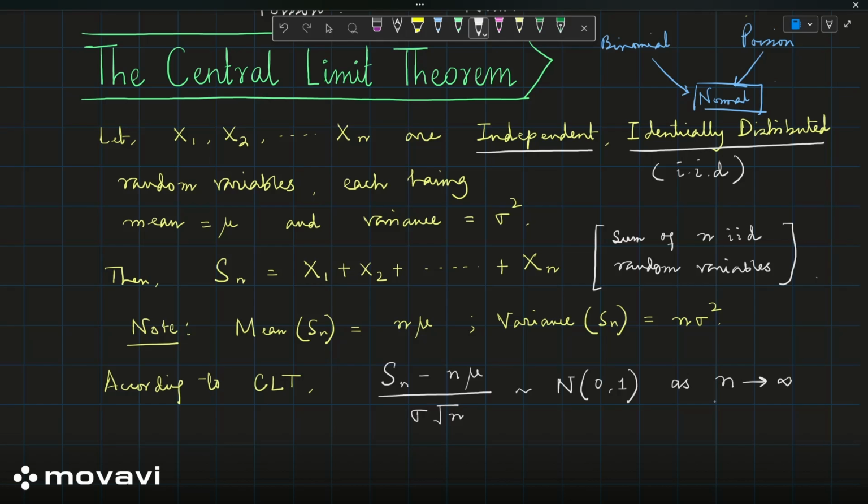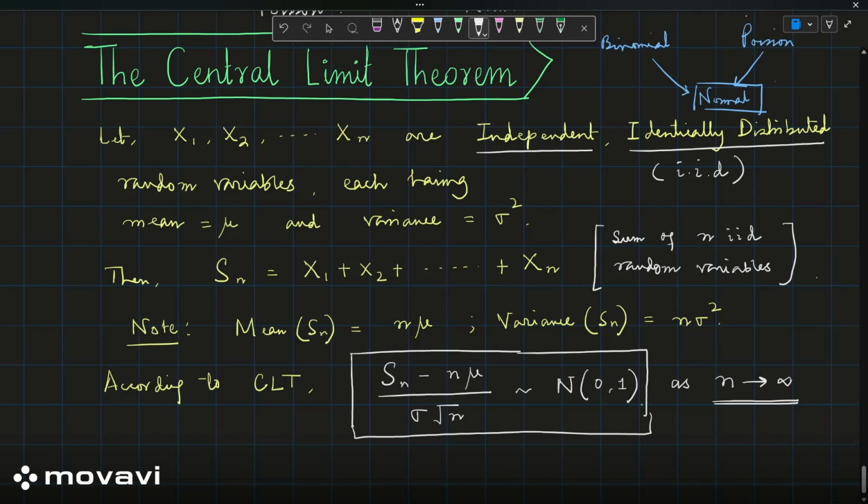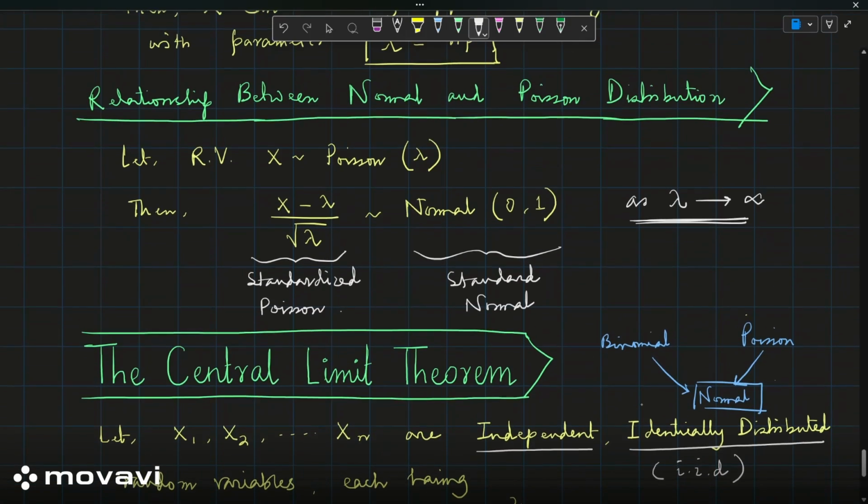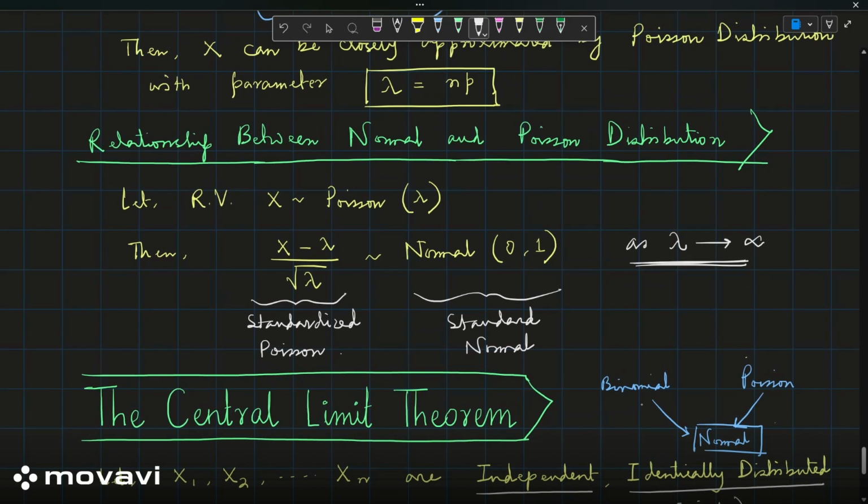The number of IID random variables tends to infinity. So you will have to remember this. This is very important. I guess I have made a mistake earlier. Yes, here it is. This is not lambda tends to infinity. This is n tends to infinity.